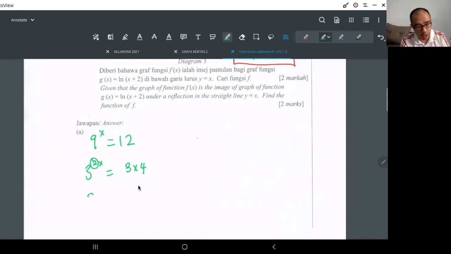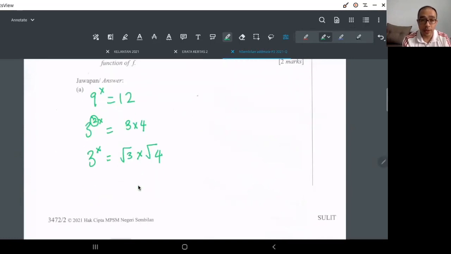So I will get 3 to the power of x equals the square root of 3 times the square root of 4. Square root both sides. Square root means you raise to the power of half. Same thing. So this will give me 2 square root of 3.